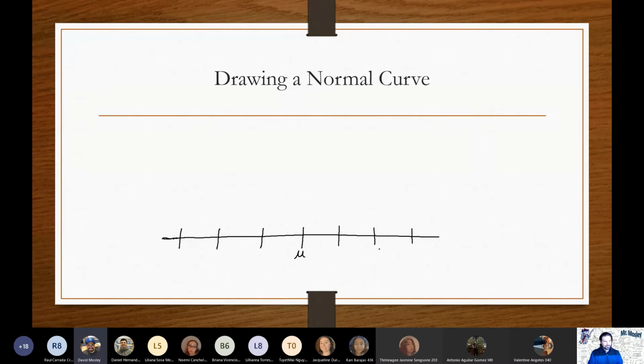All right. So then, moving to the right of the mean, we have mu plus sigma, whatever our standard deviation is, added to mu. Mu plus 2 sigma, 2 standard deviations added to the mean.